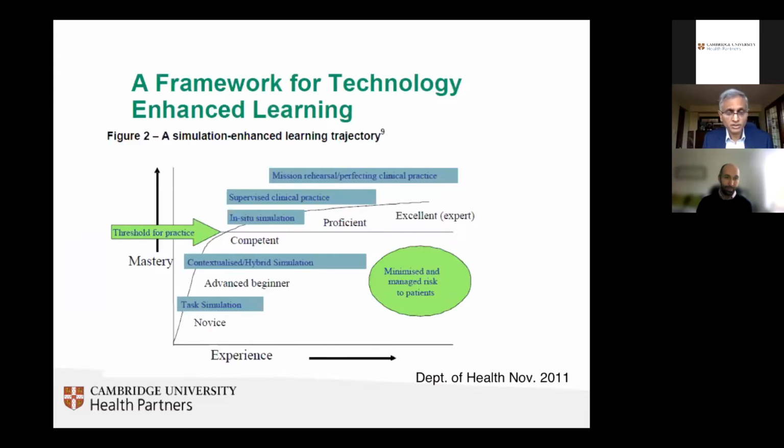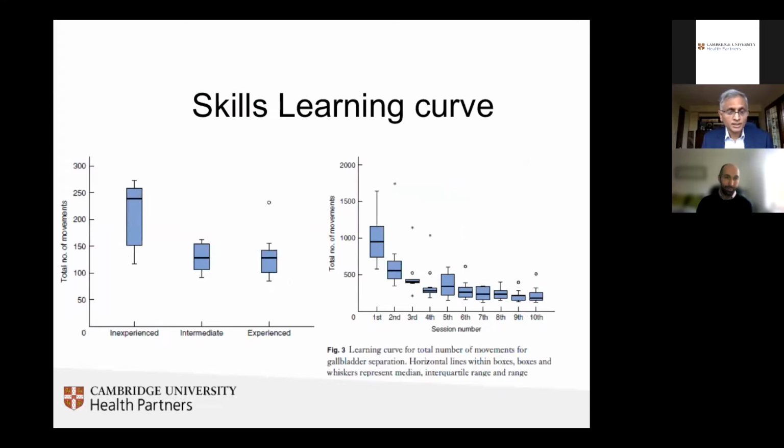And what we're trying to do is to increase or upskill individuals to a competency level that enables them to practice a procedure or a skill to minimize risk to the patient and to optimize outcome. And it's important to try and find indicators of how skills are being improved.